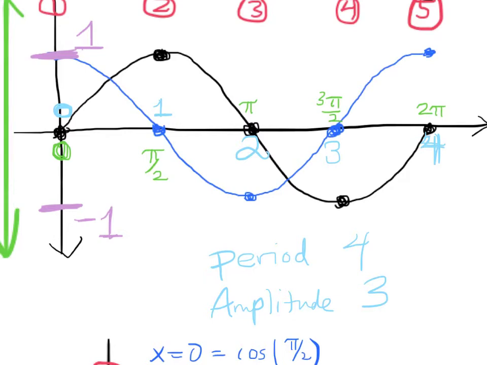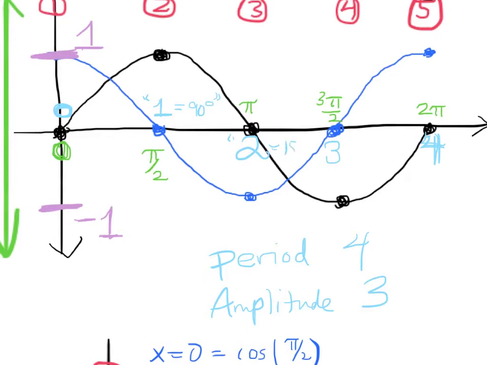And light blue is degrees, right? No, this is x values, because we're just making up a function now where we're measuring angles however we want. Okay, we're saying that 1 equals 90 degrees. Okay then, that's how you change the period, right? That's all they're asking you to do in this example.